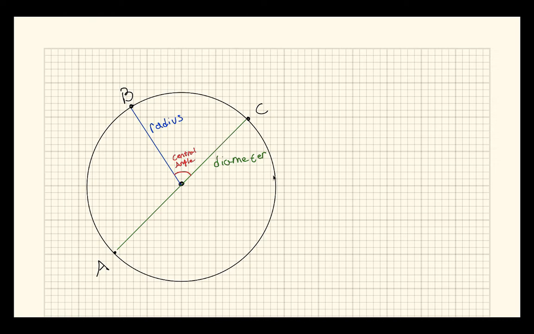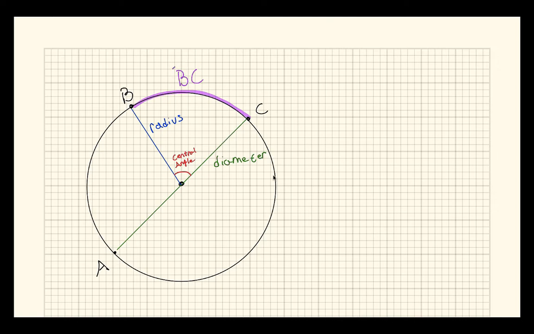For example, like this here is an arc. It's basically just a part of the circle. We would refer to this as arc BC in this case.